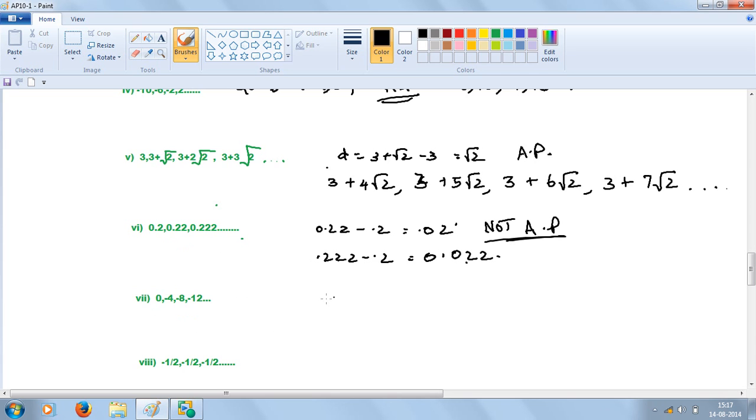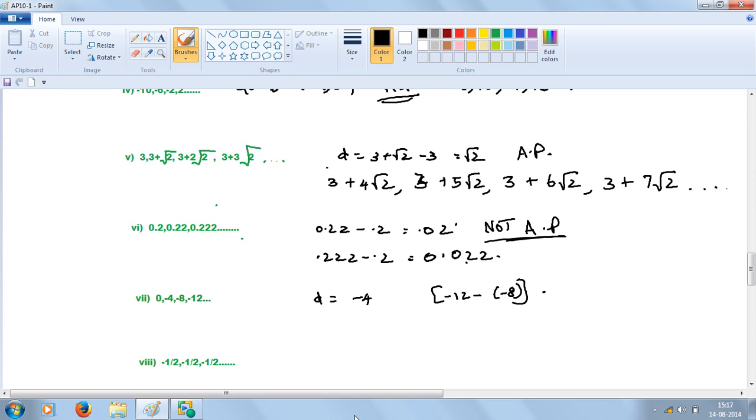In the next case, 0 minus 4, minus 8, minus 12, it's very easy. The common difference is minus 4. How do you arrive at it? For example, it's minus 12 minus of minus 8, which is equal to minus 4.